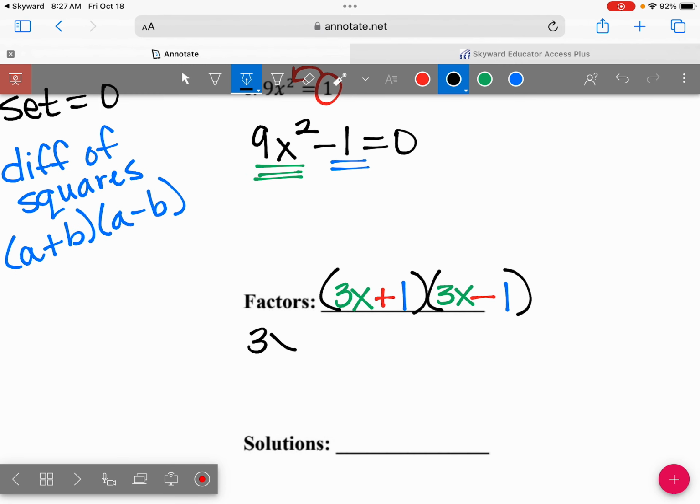Now go ahead and find your solutions. Set both of those factors equal to 0 and solve them both to get your 2 solutions.